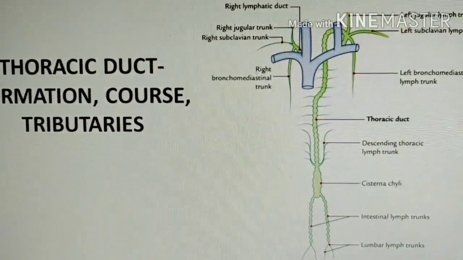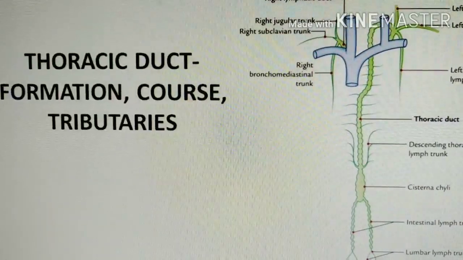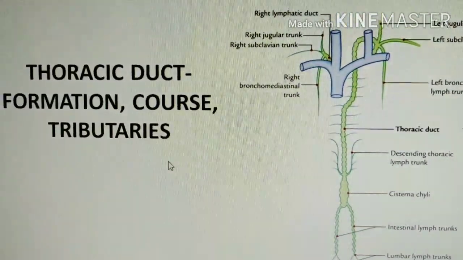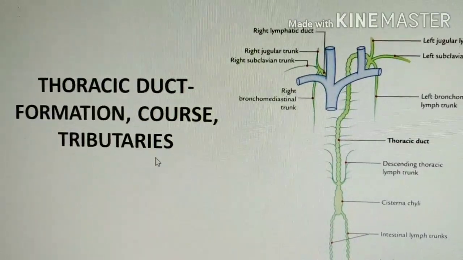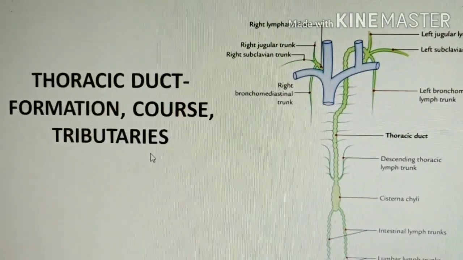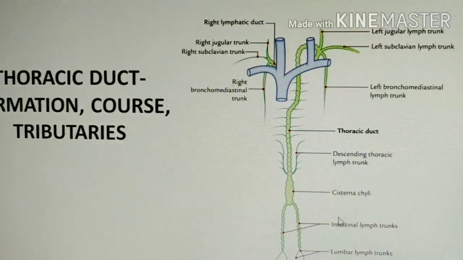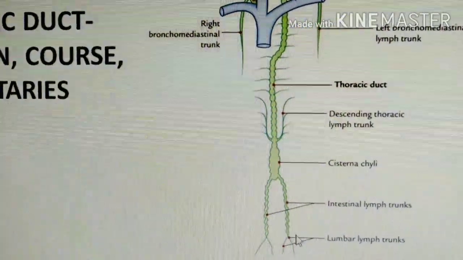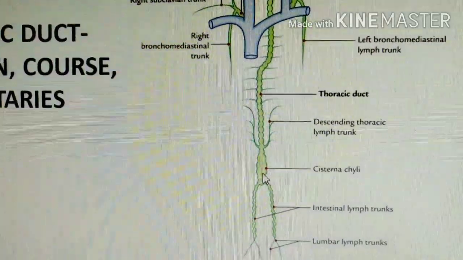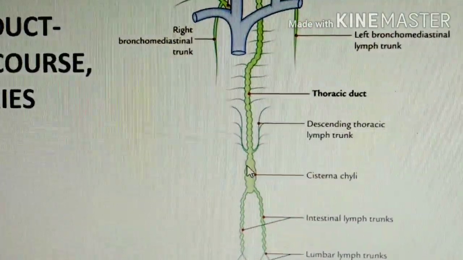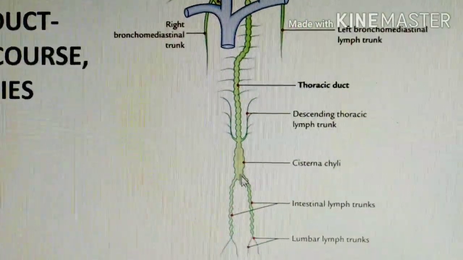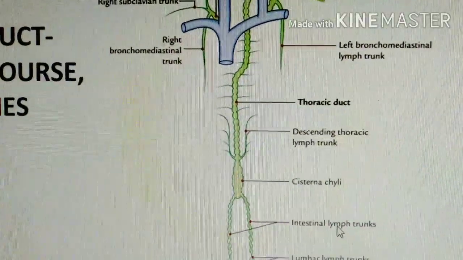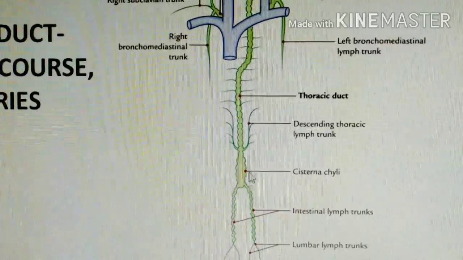Thoracic duct formation, course, and tributaries should be touched upon in the description of the thoracic duct. The thoracic duct is formed from the cisterna chyli, which is formed by the union of the intestinal lymph trunk and lumbar lymph trunk.